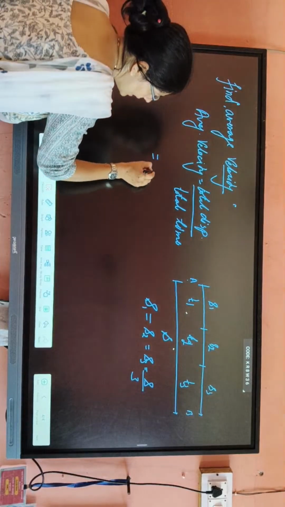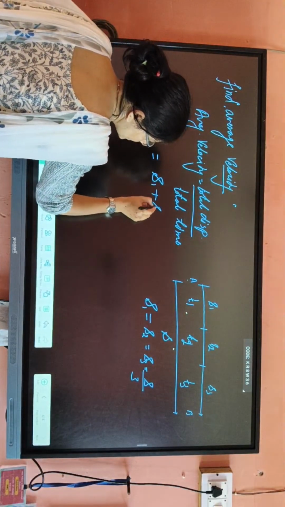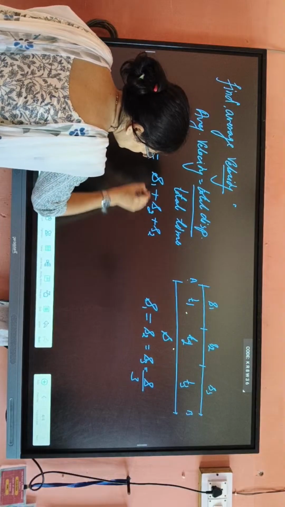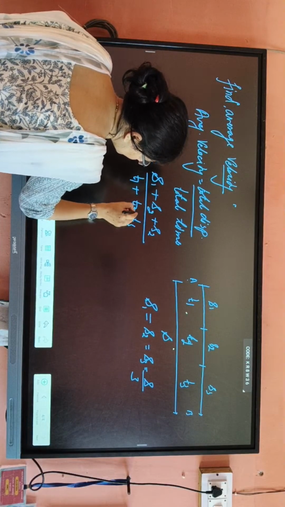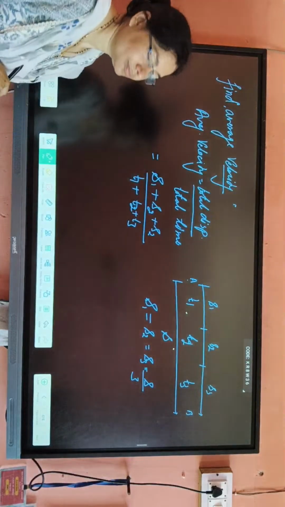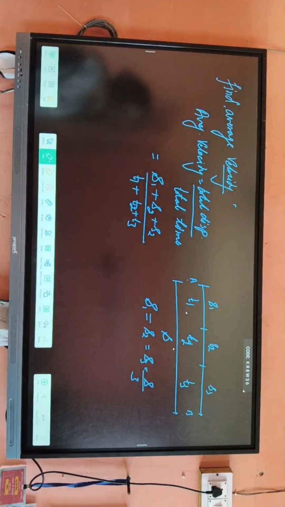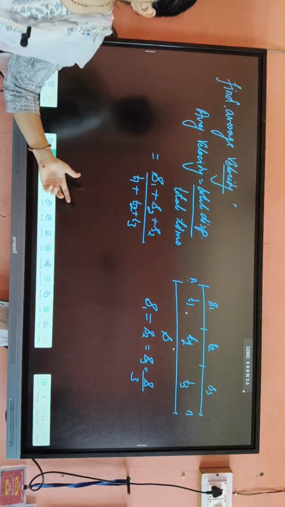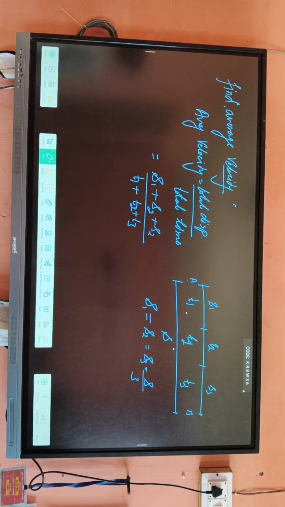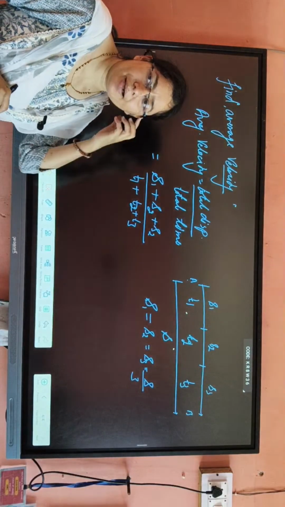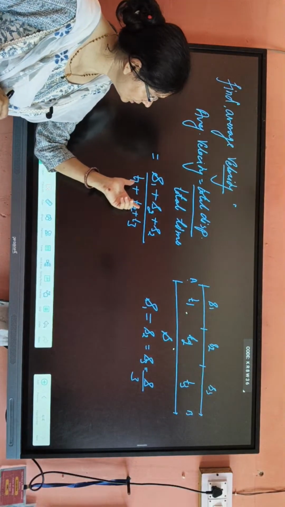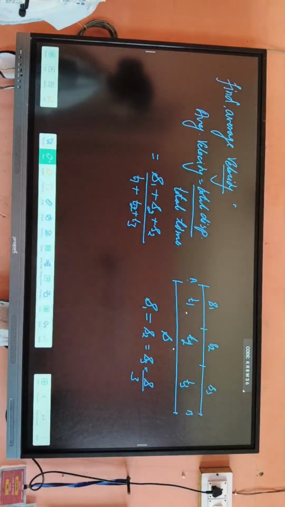So here we can write total displacement S1, S2, S3 divided by total time T1, T2 and T3. Yes or no? So like this we can write total displacement S1, S2, S3 divided by T1, T2 and T3, then it will be the total average velocity.